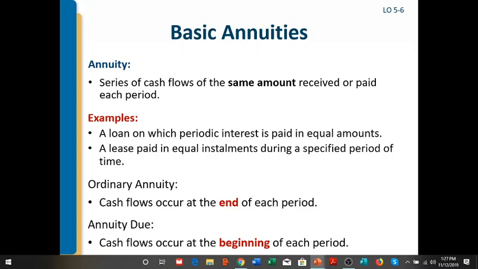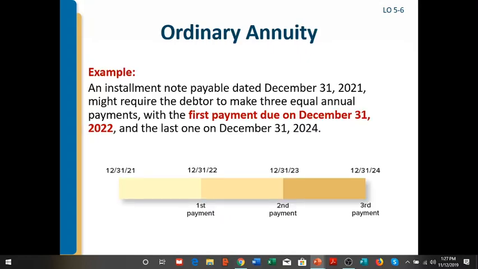And so there's two types of annuities. Ordinary annuity, the cash flows occur at the end of each period, whereas with an annuity due, the cash flow occurs at the beginning of each period. And so a good example of an ordinary annuity would be an installment note payable.